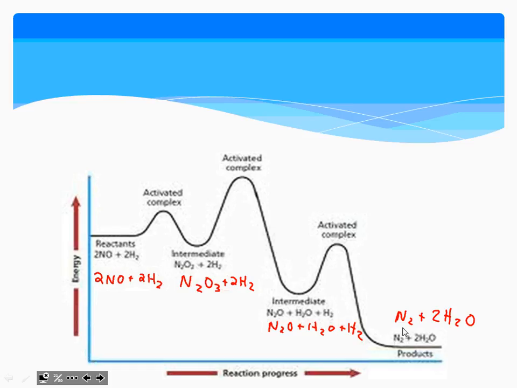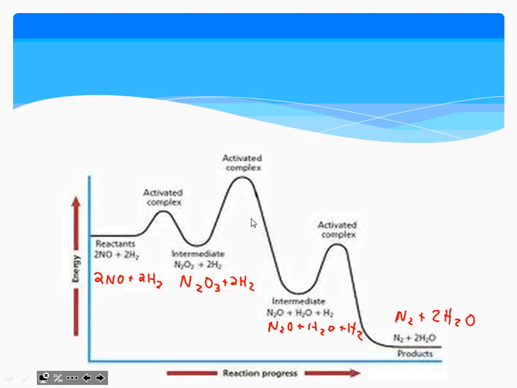But in order to proceed with this reaction, I have how many elementary reactions? 1, 2, 3. So I have 3 elementary reactions that occur for this one reaction to happen.